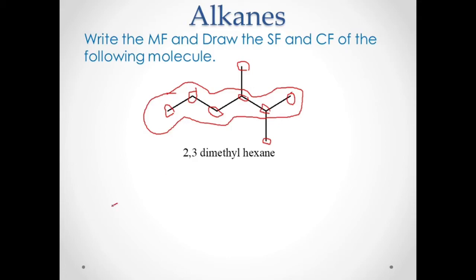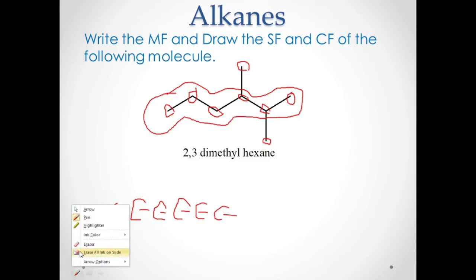So we're going to write 6 carbons. Each of these carbons is single bonded to another carbon, that is a carbon to carbon single bond. I will just erase this first.